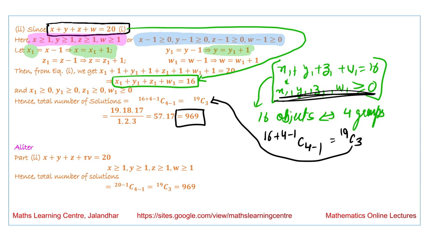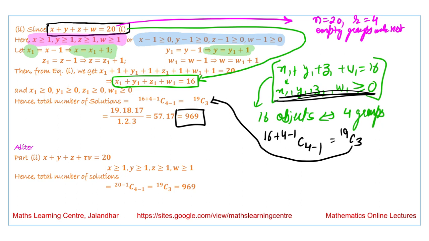Or another way of solving this question is, we are saying that the total number of values we have is 20, and the number of groups we want to form is 4, and empty groups are not allowed. So the answer we will have is 19 C3.